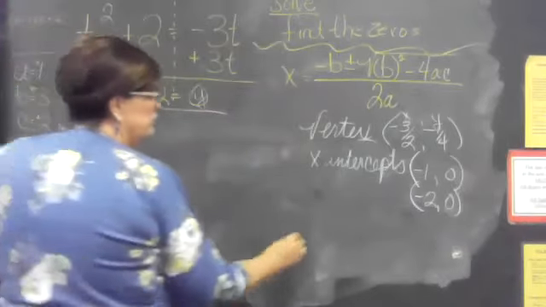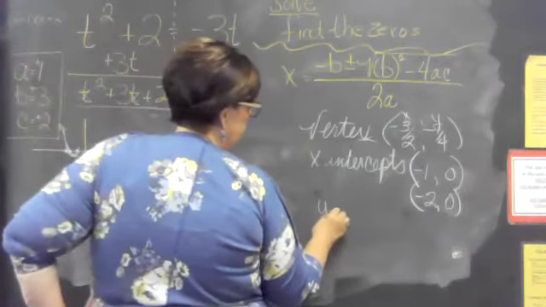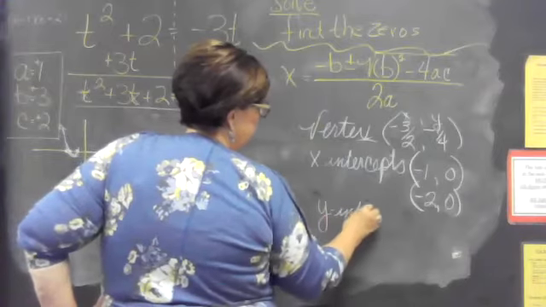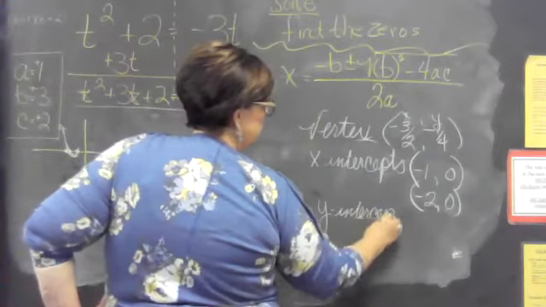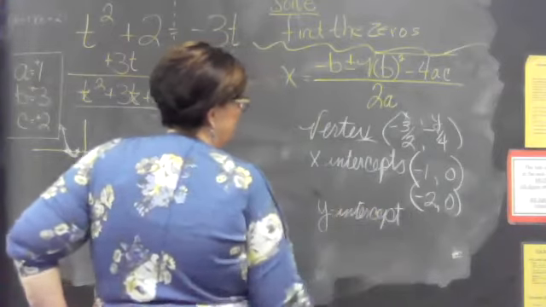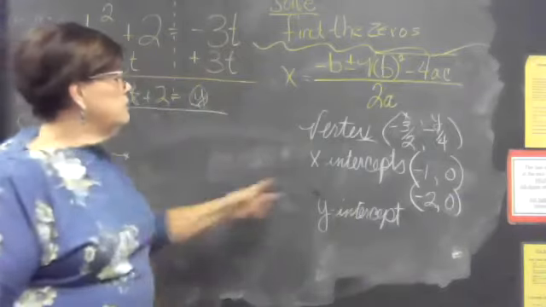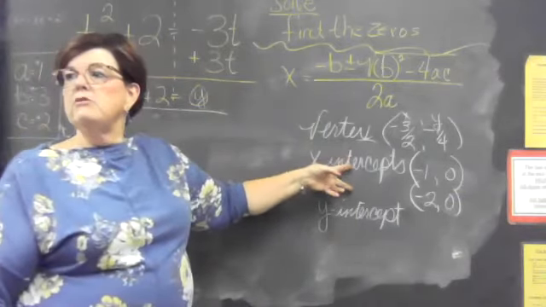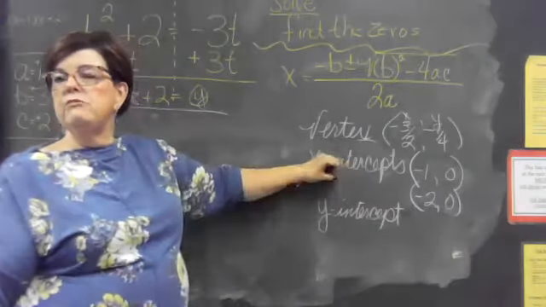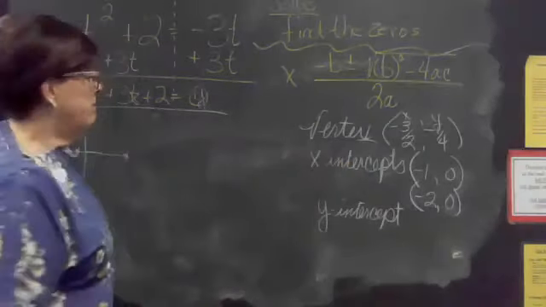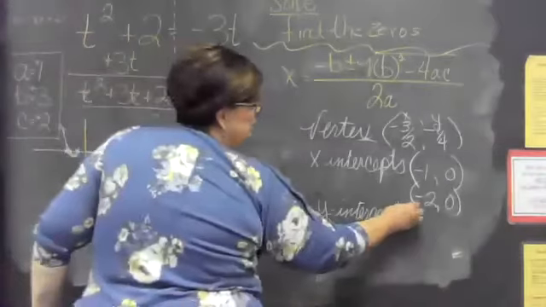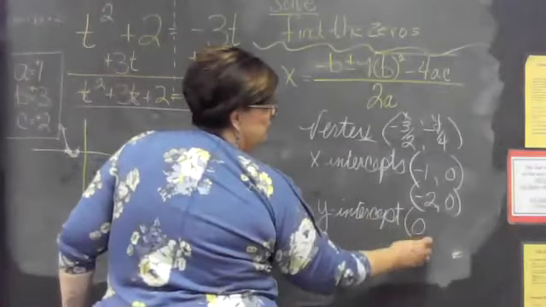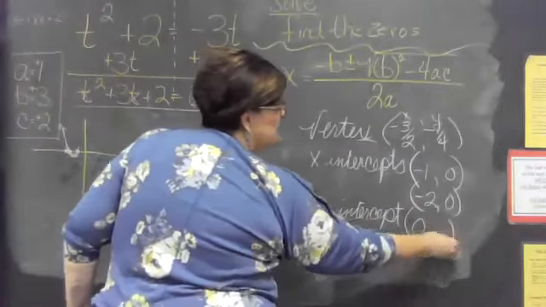Okay, now I want you to find the y-intercept. And if you remember from other videos, there's only going to be one y-intercept. There can be 2 x-intercepts or 1 x-intercept or 0 x-intercepts, okay? But only one y-intercept. We know that the y-intercept has 0 in for x.